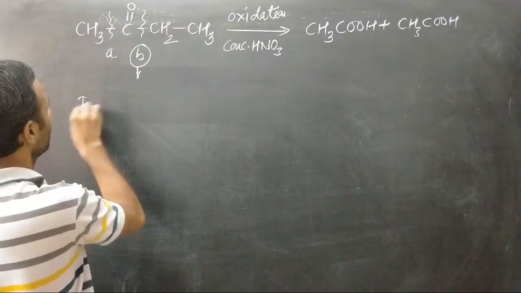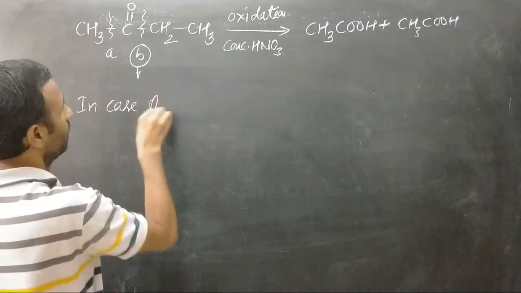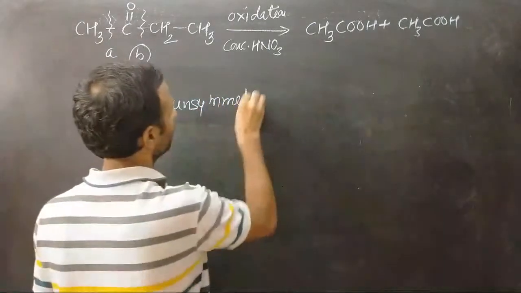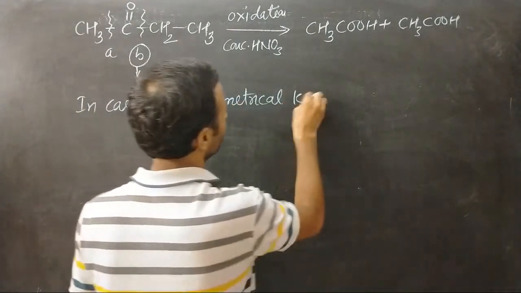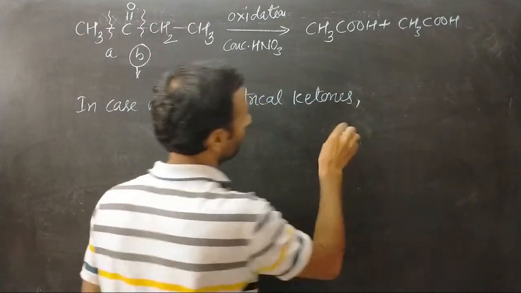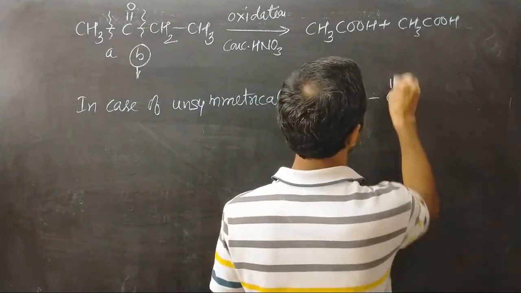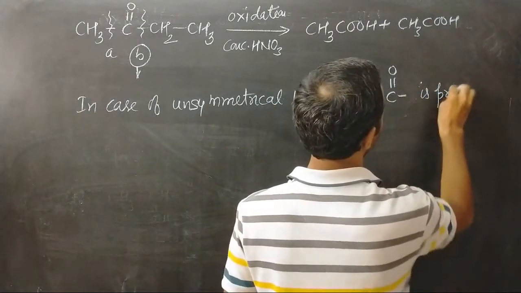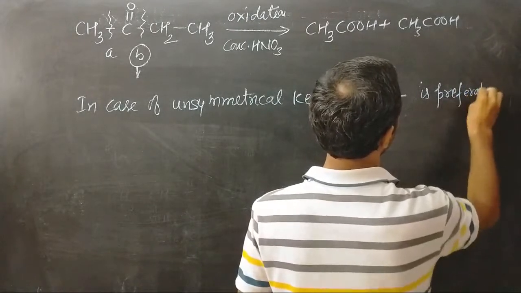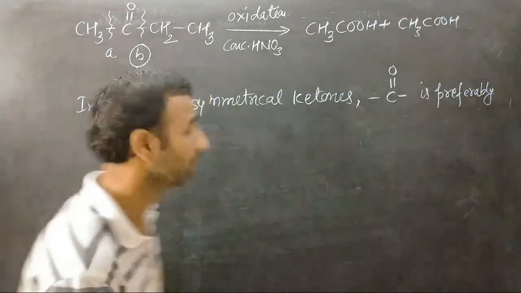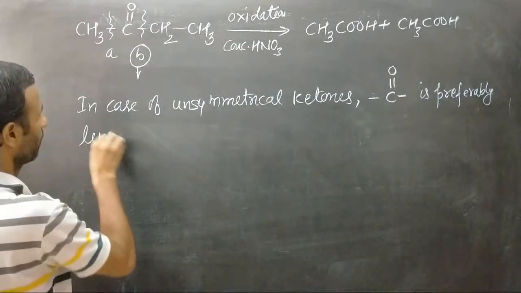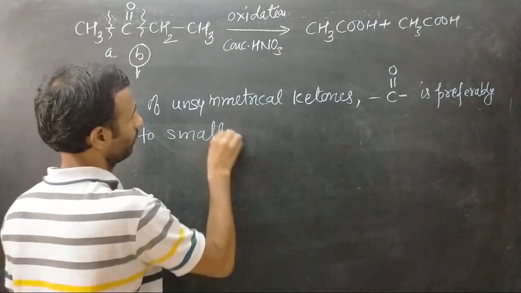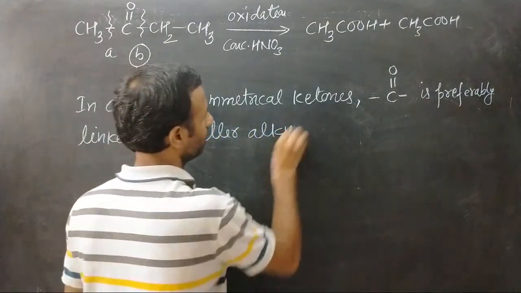So keep in mind, in case of unsymmetrical ketones, CO group is preferably linked to the smaller alkyl group.